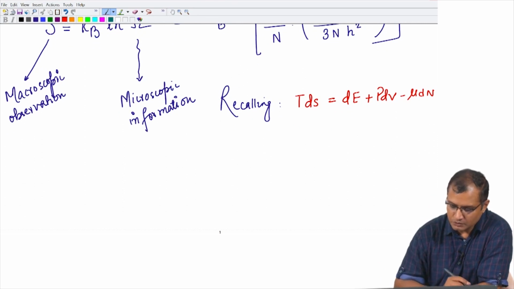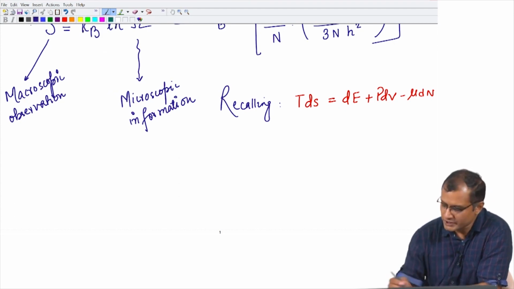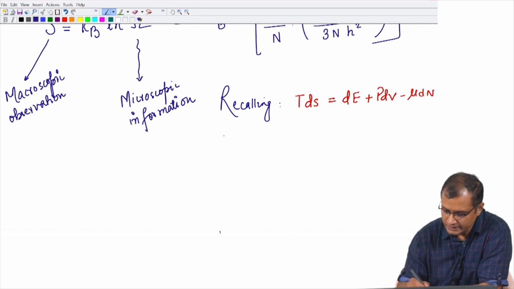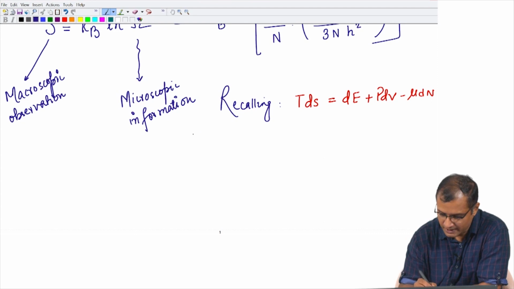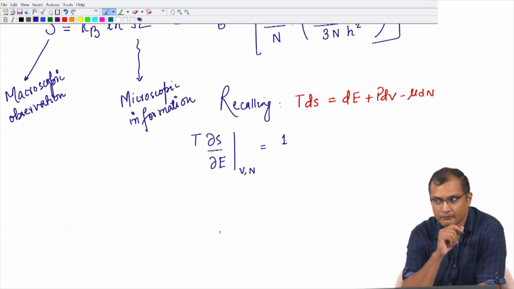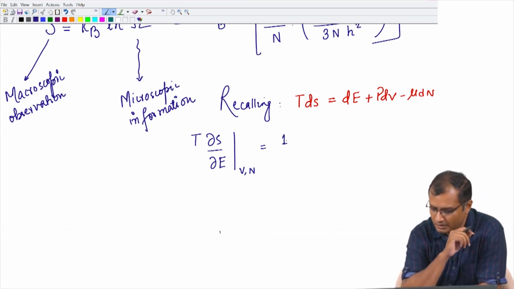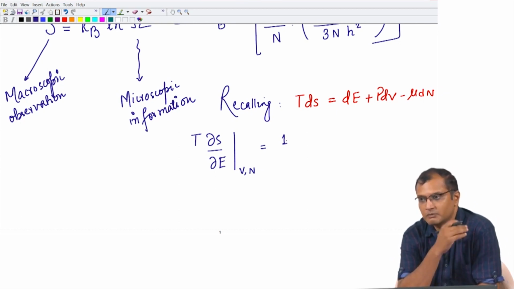So if I want to compute the energy of the ideal gas, I can use this expression and get an expression for energy by simply saying that TdS over dE at constant values of V and N should be 1. Okay. Just take the differentiation with respect to E, keeping volume and number of particles constant.